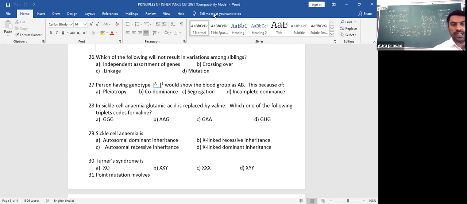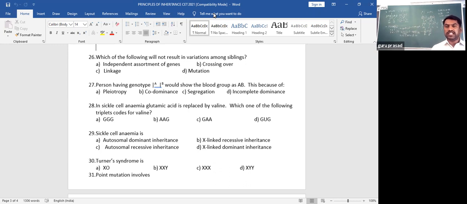Then, a person having genotype IA, IB would show the blood group AB. This is because AB blood group is one of the examples for co-dominance. In sickle cell anemia, glutamic acid is replaced by valine. Which one of the following is the triplet code for valine? Of course, as you know, GUG is the code for valine. That's one of the changes.